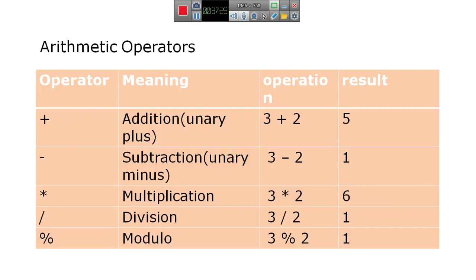See these arithmetic operators: plus, minus, star, division, and modulo. Modulo means remainder. These are the normal operators we use in our daily life, which everybody knows from childhood, like adding numbers, subtracting, or multiplying numbers.